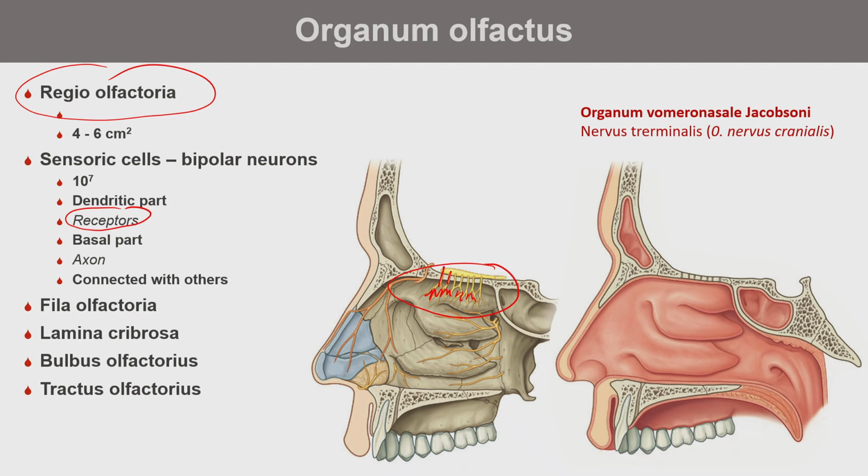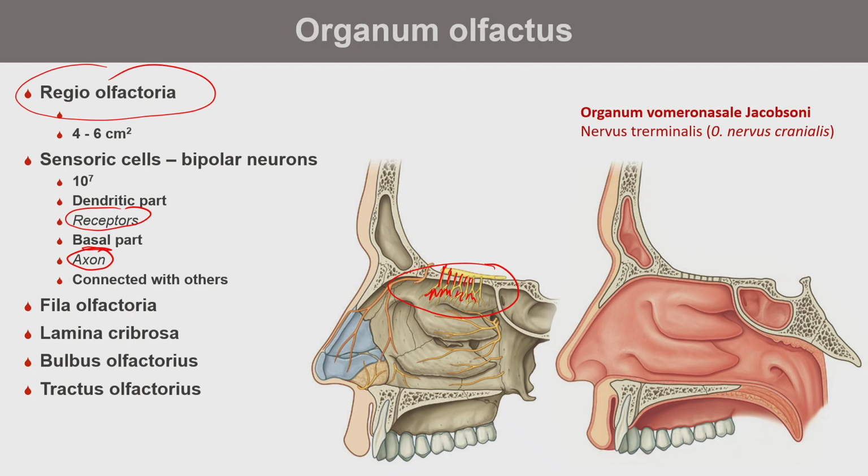Then they are passing the cribriform lamella of the ethmoid bone, and the axonal part, the basal part, then transmits information into the bulb.